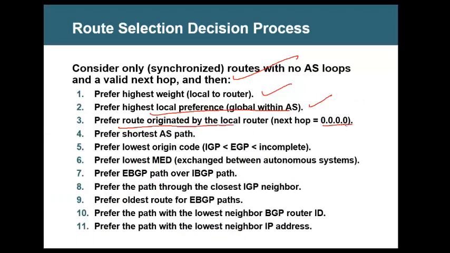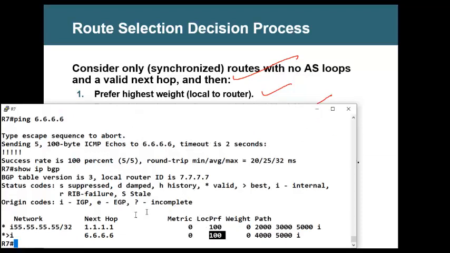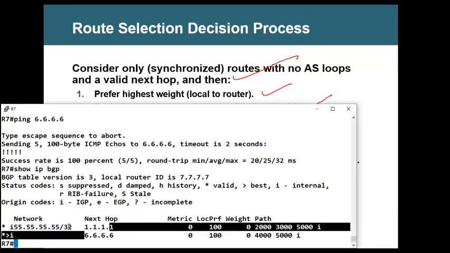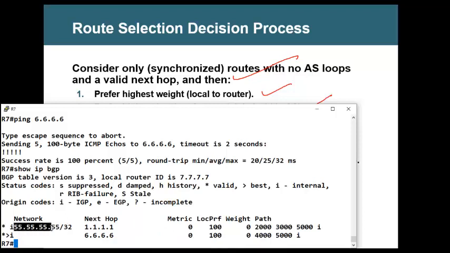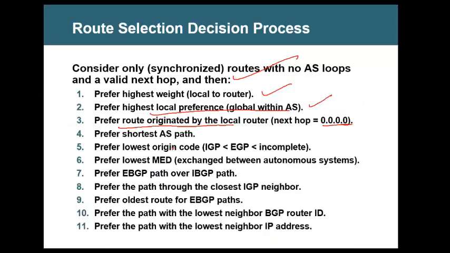If you had 0.0.0.0, it would have preferred that. But unfortunately, we don't have this network locally on router 7. Router 7 doesn't have the 55 network on any interface. So this is the tiebreaker, shortest AS path.